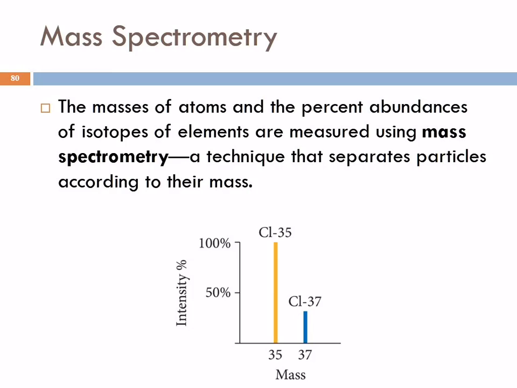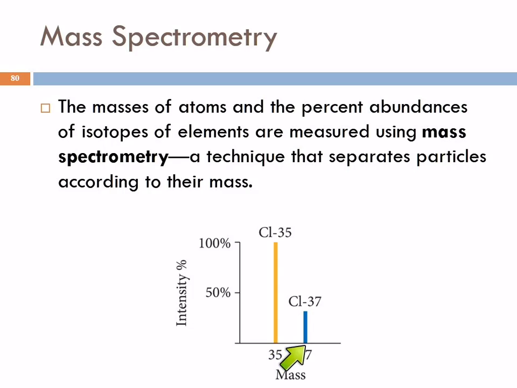The masses of the atoms and the percent natural abundances are measured using mass spectrometry. And we actually have a mass spectrometer here in the department. It's on the other side of that wall. This is a technique that separates particles according to their mass. And so what you might observe is something like this.